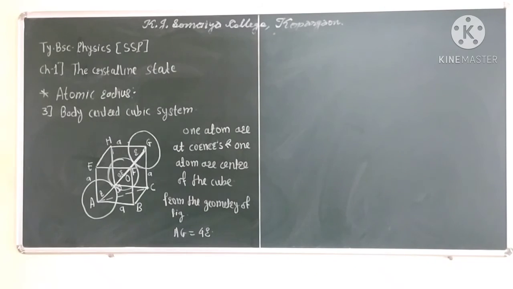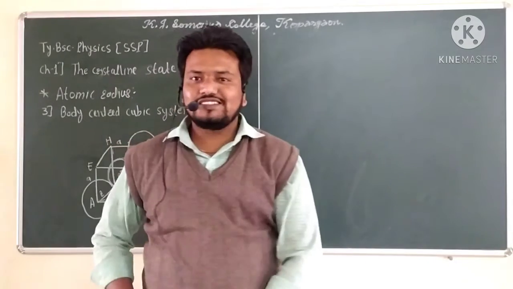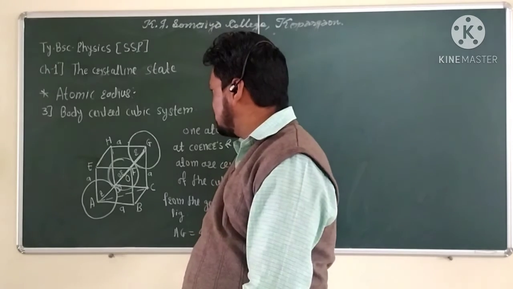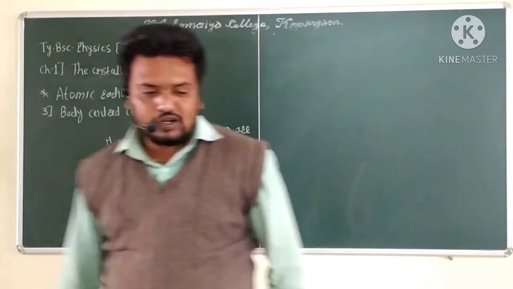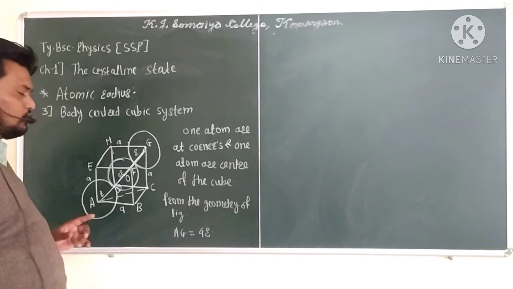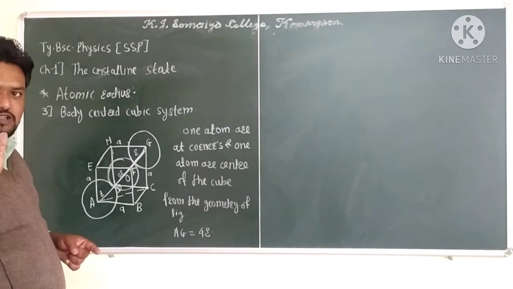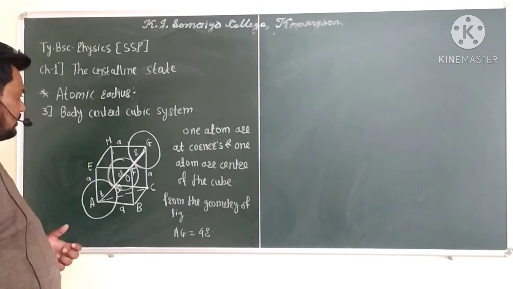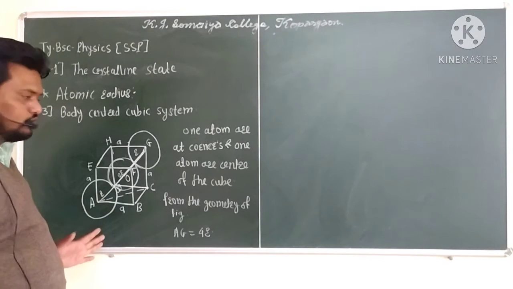Now consider this next structure, which is used to find the atomic radius of the body centered cubic system. In the body centered cubic system, we have 8 atoms situated at the corners of the cube, and one at the center of the cube.